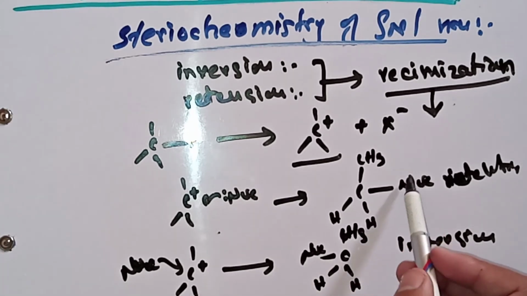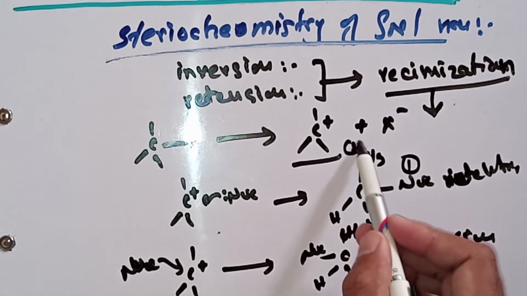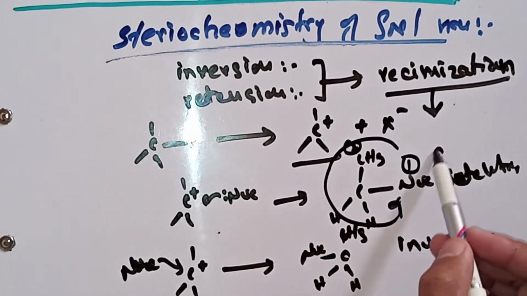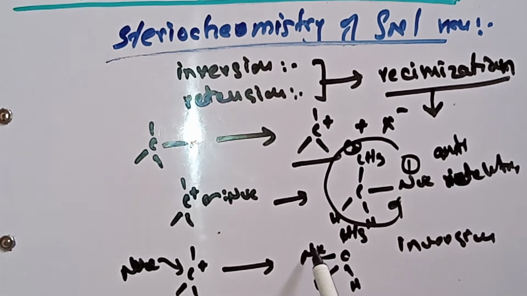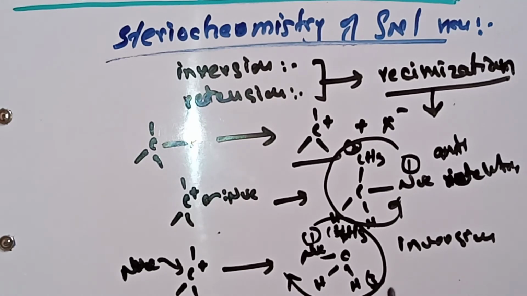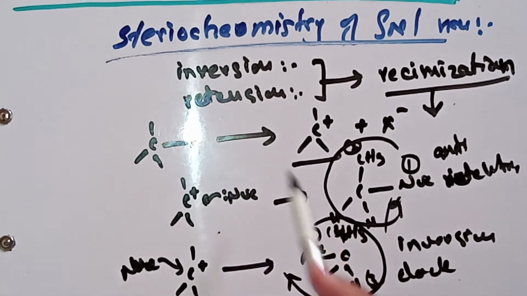When the nucleophile attacks from this side, the configuration becomes anti-clockwise. While in inversion, according to the CIP rule, the configuration will be clockwise. So these two, inversion and retention, are enantiomers of each other.